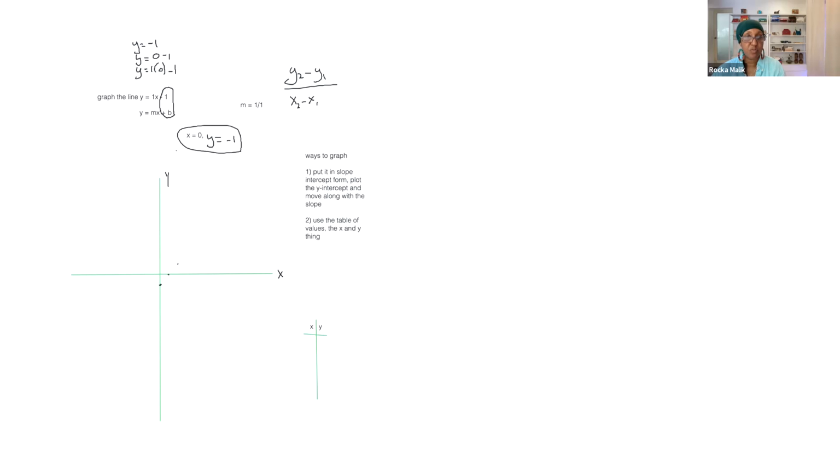So 0 minus 1, I pick 0. I could also say, well, if Y is 0, what do I get for X? Plug in 0 for the Y. X minus 1. I would move this -1 to the other side because I want to have my numbers on one side and my letters on the other side.